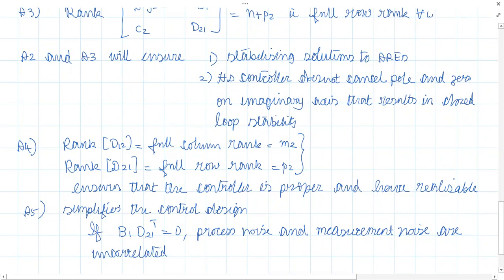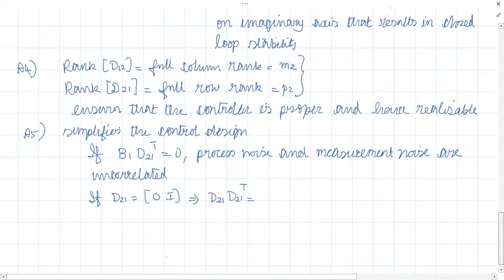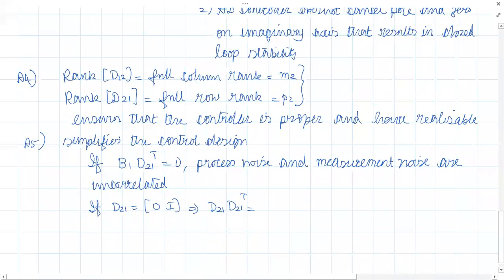Okay, that happens only if they are not consistent in process noise and measurement noise. Otherwise this assumption will not hold good. Okay, then if D21 equals [0 I], what does it mean? What will be D21 transpose? In this case, come on. If I am choosing D21 like this, what will be D21 transpose?